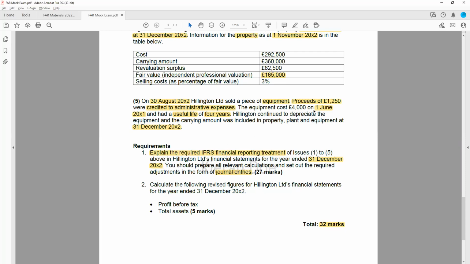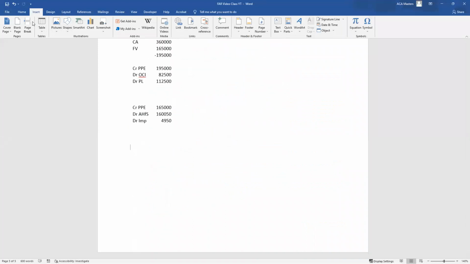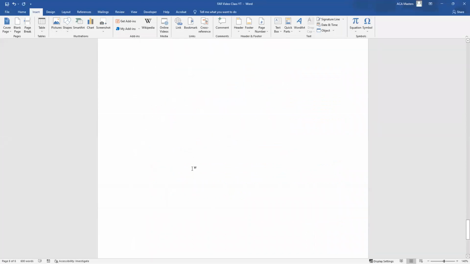So again, you might be thinking, oh, how am I going to work out the depreciation to get to the carrying amount? It's gone to admin expenses, but the profit goes to admin expenses. So is some of that right? Again, your mind might be racing through all of these different things, but just step back, think what's the relevant part of the standard when we're looking at disposals.